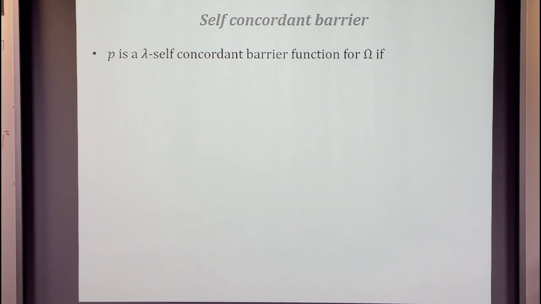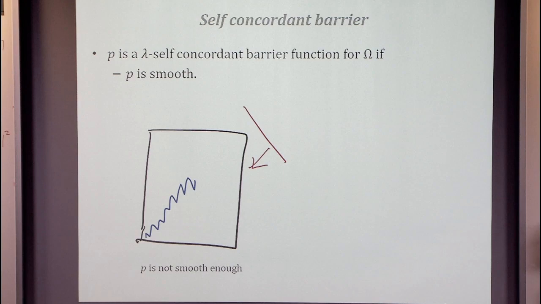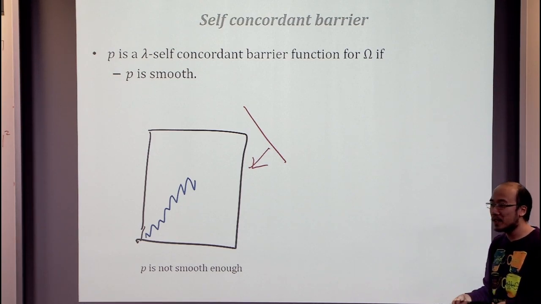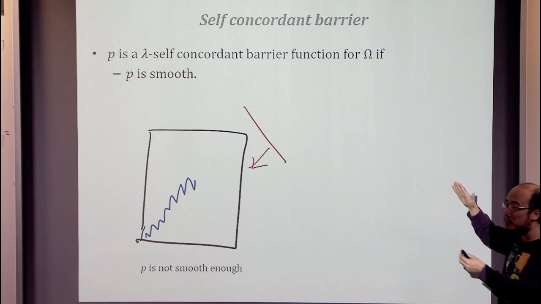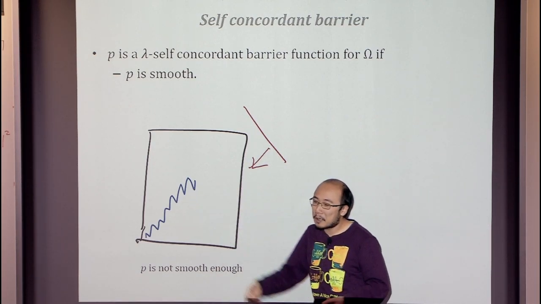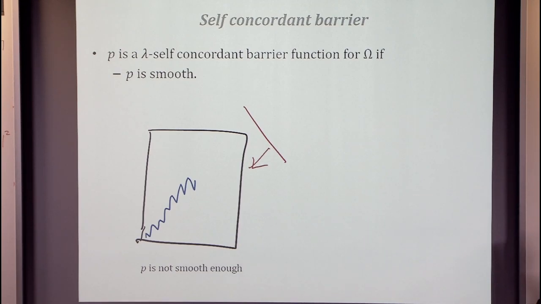And there is a standard theory about self-concordant barrier functions. I will not give you the formal definition, but only the geometric meaning. We call a barrier function p lambda self-concordant if p is smooth. Why do we need the barrier function to be smooth? Imagine if the function is not smooth, when you push the constraint, the function keeps changing path, and we don't know how to maintain our center.